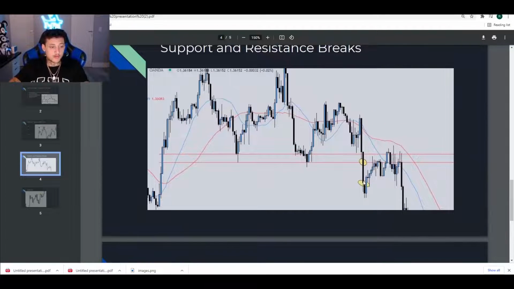Now, a break of resistance, or in this case support, is notice how this candle came all the way down, closed under support, and then this candle closed under support here. This is the 2 candle confirmation that we need for a broken level of support, and it's pretty much the same thing with resistance. 2 candlesticks have to actually close over the level of resistance.